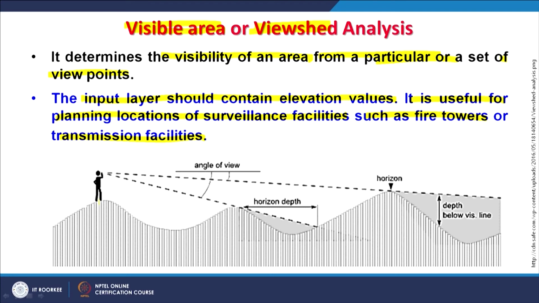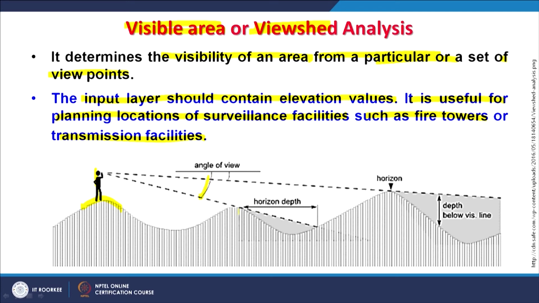So, here what you can see is a terrain shown in this schematic. A person will become an offset; his height will become the offset. So, that has to be added to the height of where he is standing above mean sea level, how much distance he can see, and what angle he has.